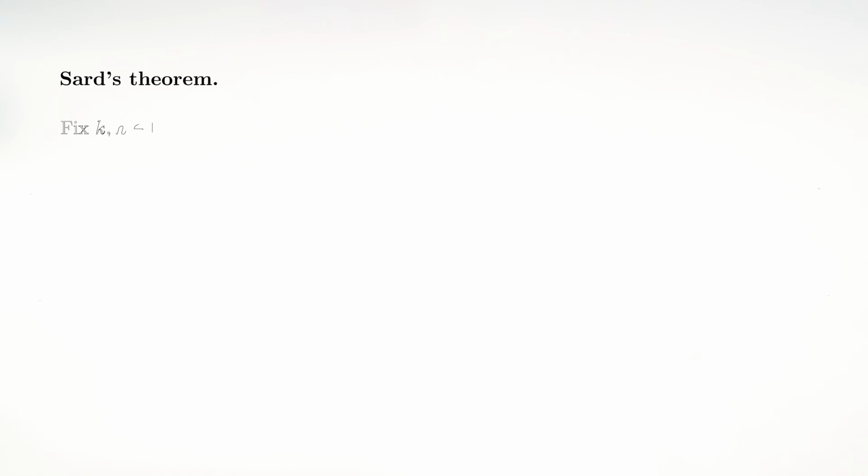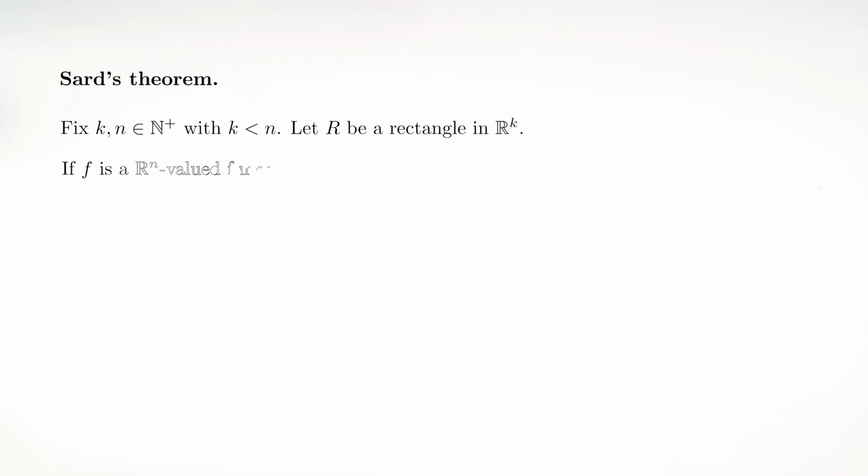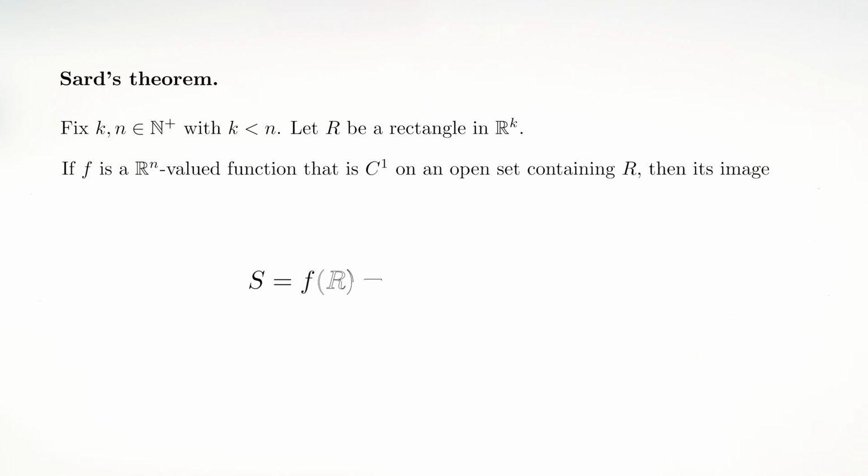Fix positive integers k and n with k less than n. Let R be a rectangle in k-dimensional space. If f is a function with n-dimensional outputs that is continuously differentiable on an open set containing R, then its image has zero Jordan measure in n-dimensional space.